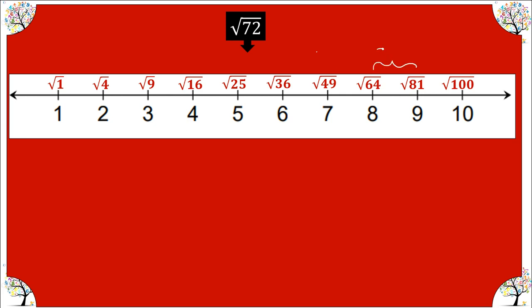So the square root of 72 comes between the square root of 64 and the square root of 81. So our math statement is going to be square root of 64 is less than the square root of 72, which is less than the square root of 81. So we know the square root of 72 on the number line is between 8 and 9. So it's going to be 8 point something.